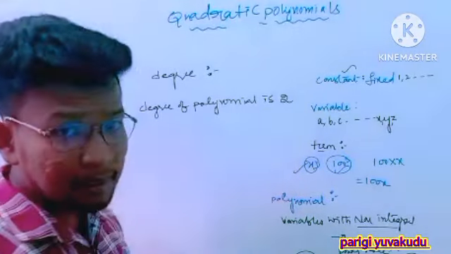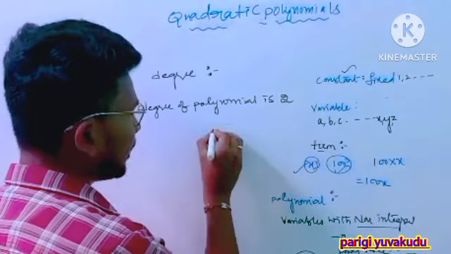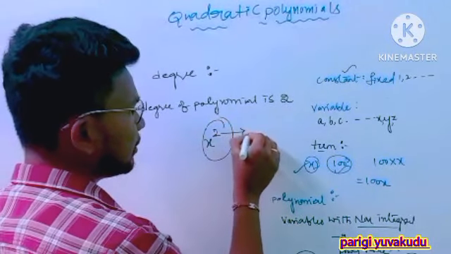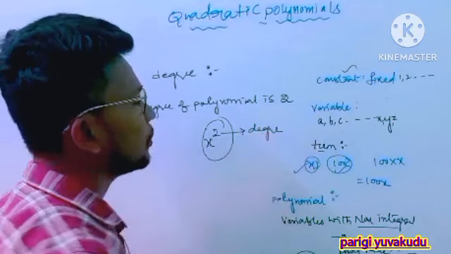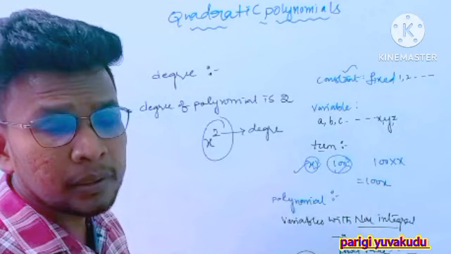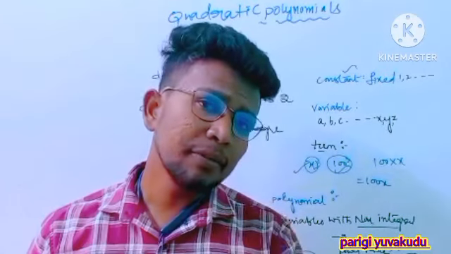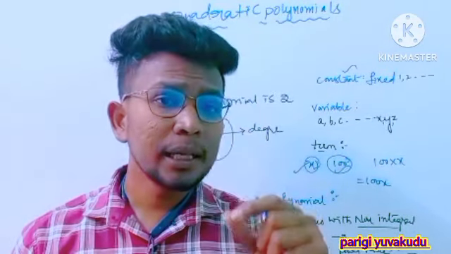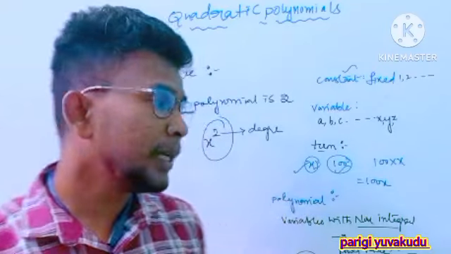Now the example is x square. Here the degree is 2, so that's why we are calling this a quadratic polynomial.